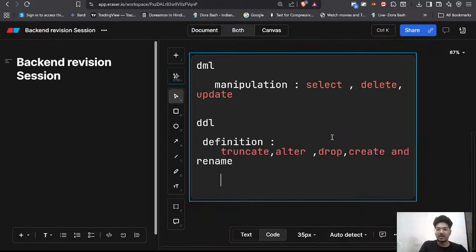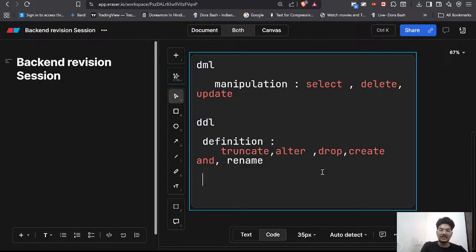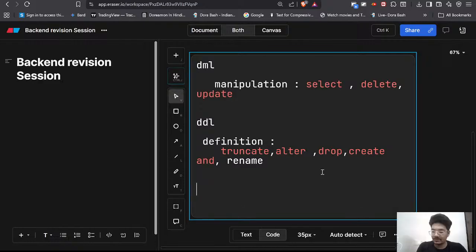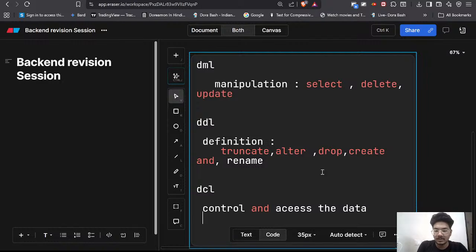After that, we have DCL, data control language. Controlling the data means it controls and accesses the data. How do we control data?